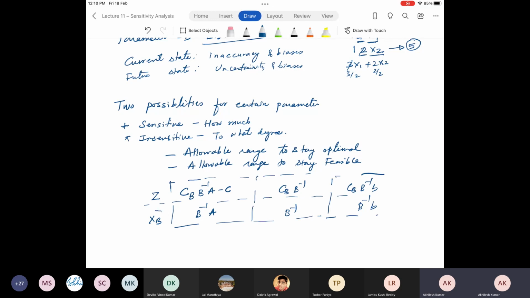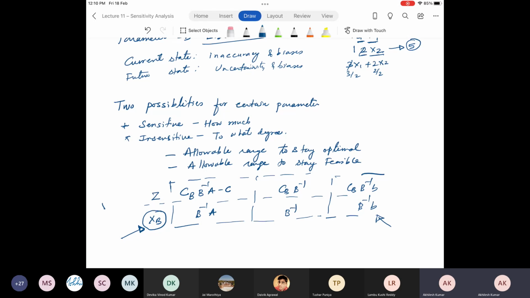Now, when I say allowable range, what we really want to know is, given any change in a parameter, like the b value is increased by 1 unit or 2 units, or similarly the C value is changed or A values are changed, does my basic variable change? I'm not talking about their values changing.